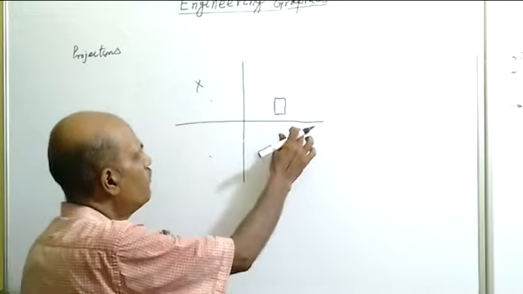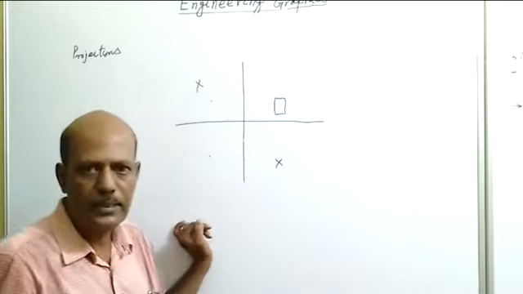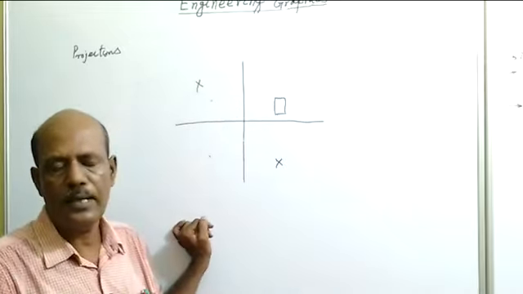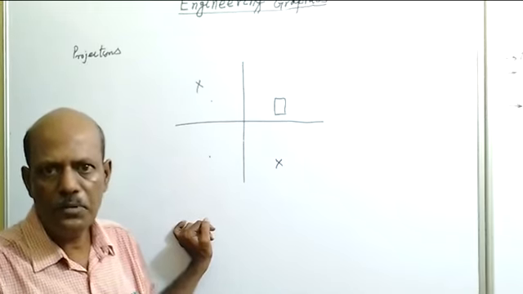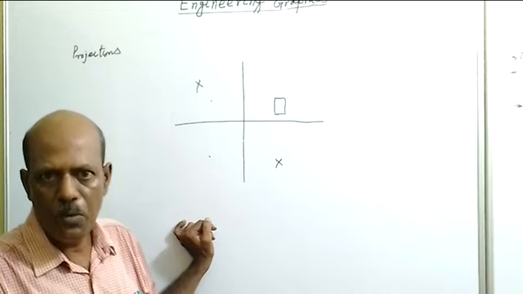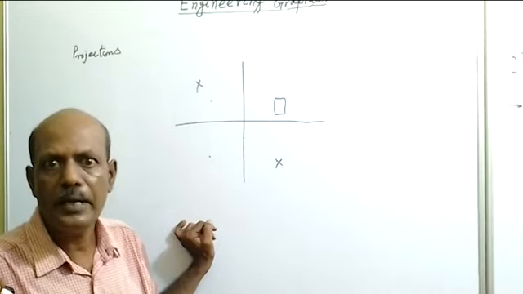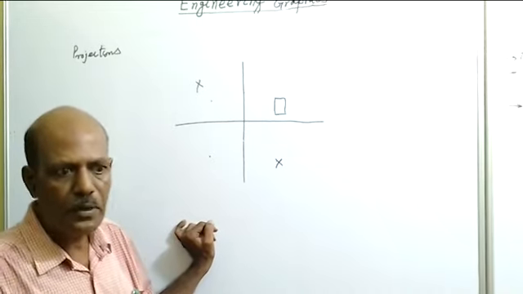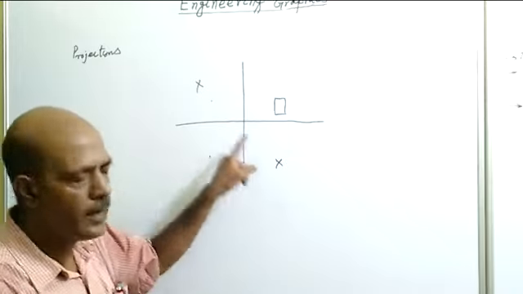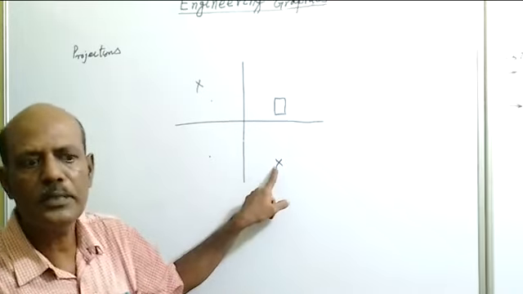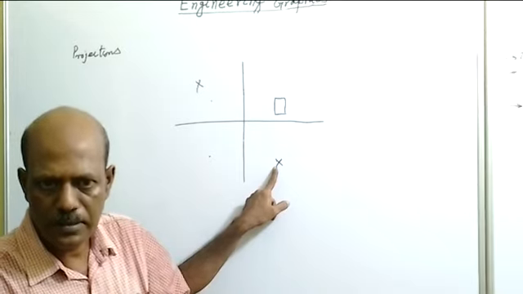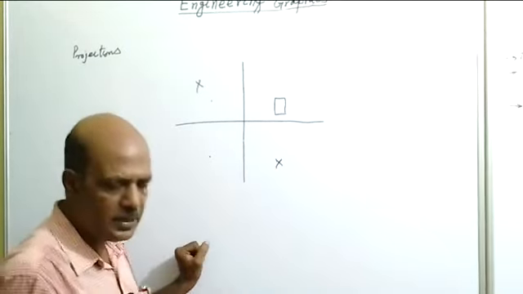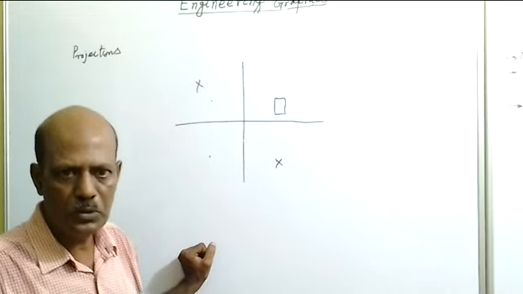So front view and top view, in both cases, that is in second angle projection as well as in fourth angle projection, the top view and front view will overlap each other and create confusion. That's why these two angles of projection are not used. So only first angle and third angle projections are used.